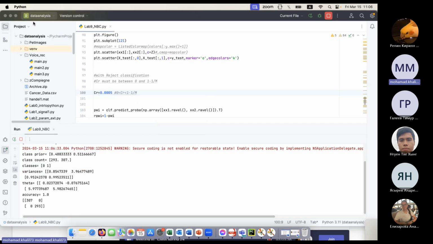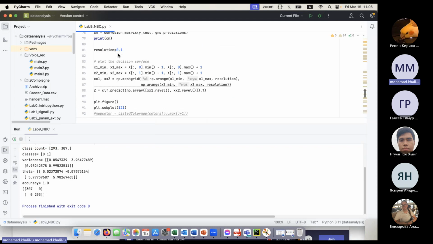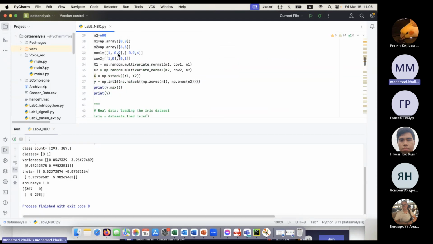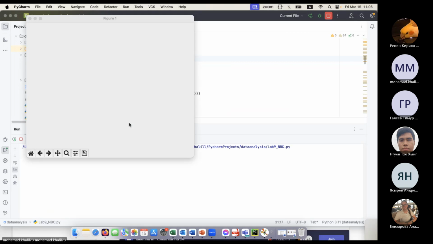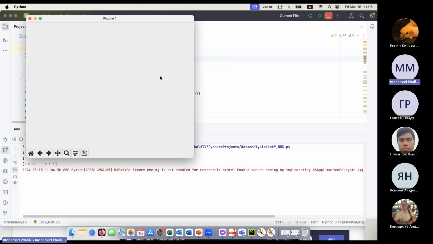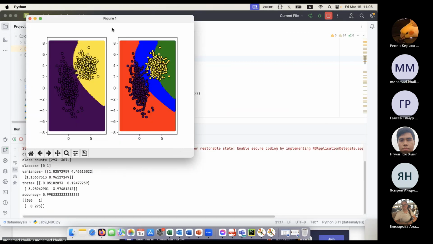But if you also make the center closer, if you put the center closer, you can have, for example, 4 4. Okay, like that. You see the rejection region.